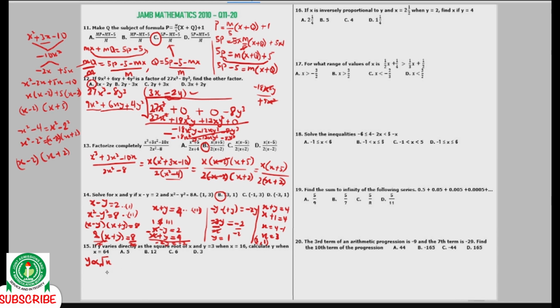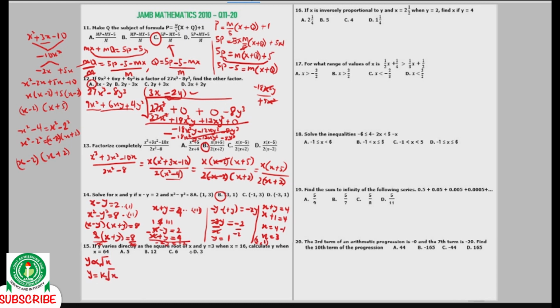When you see that y varies directly as the square root of x, what comes to your mind is direct variation. Which means y will be equal to k, you replace the proportionality sign with k, then k square root of x. And this is your expression.